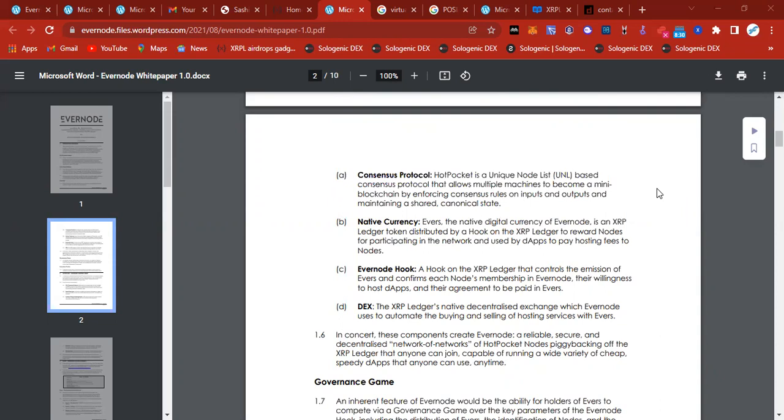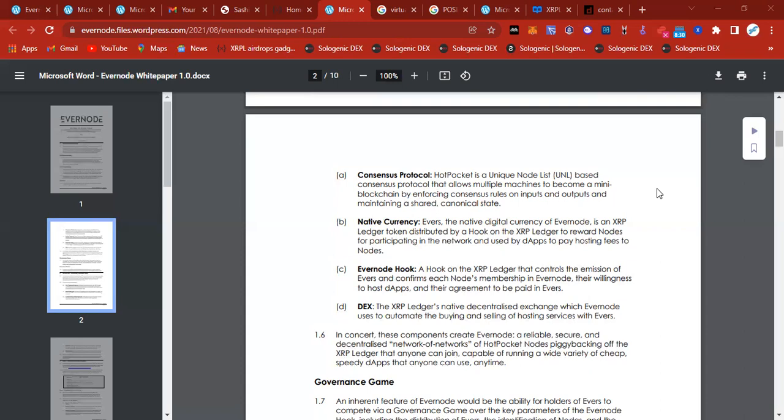What that means basically is the UNL, or the unique node list, is a Linux machine that becomes a miniature blockchain by enforcing certain rules on the information that is coming into or out of the network.